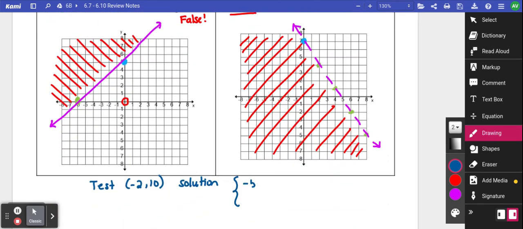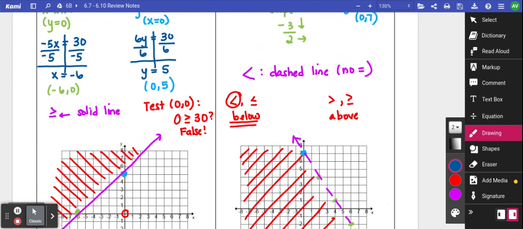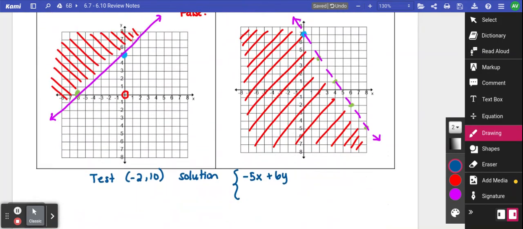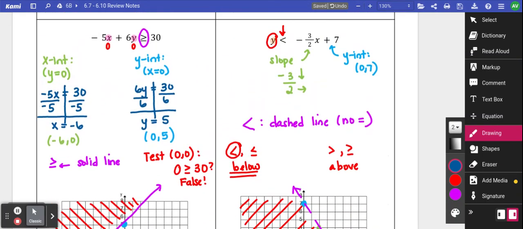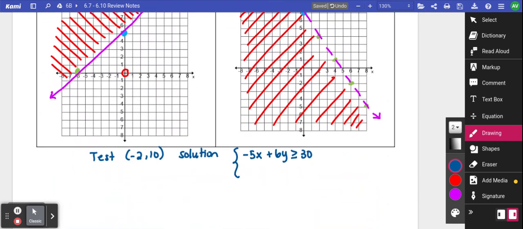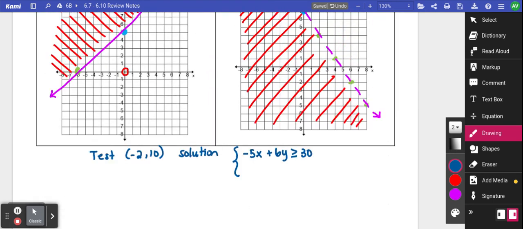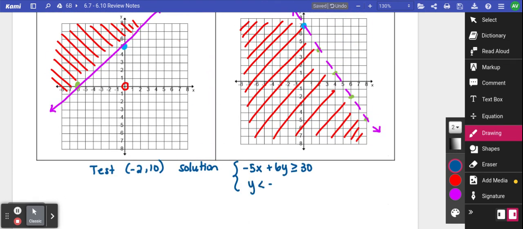The first inequality would have been -5x + 6y is greater than or equal to 30. And the second inequality would have been y is less than -3/2x + 7.